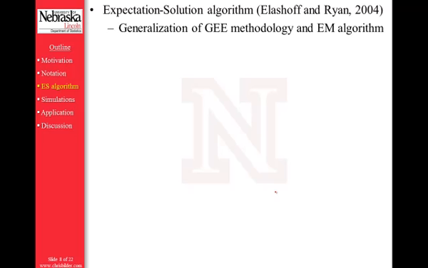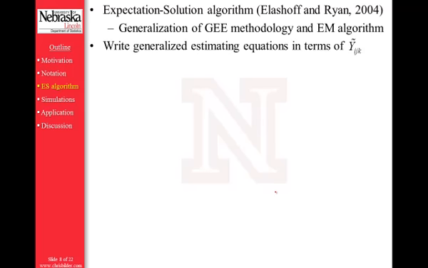This is important because GEE methodology is often used for modeling correlated binary data, which is what we have. The EM algorithm is often used in situations where we have some unobserved response, and so we have to use an expected value given the information that we do observe. That's exactly what we're going to do here to estimate our model.